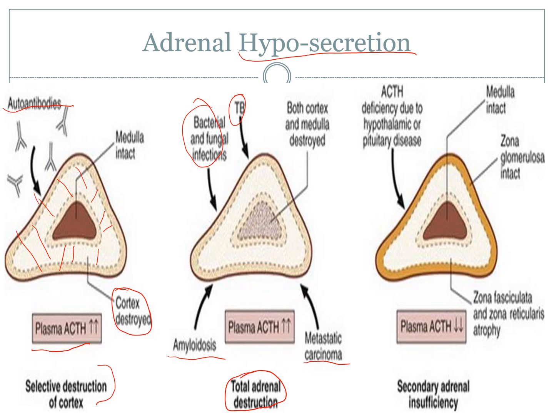And this is where you'll get full destruction of the adrenal gland. So the cortex and the medulla will be broken down, and it doesn't matter how much stimulating hormone you have, you will not be able to release any of the adrenal hormones. And the last one is associated with steroid withdrawal.